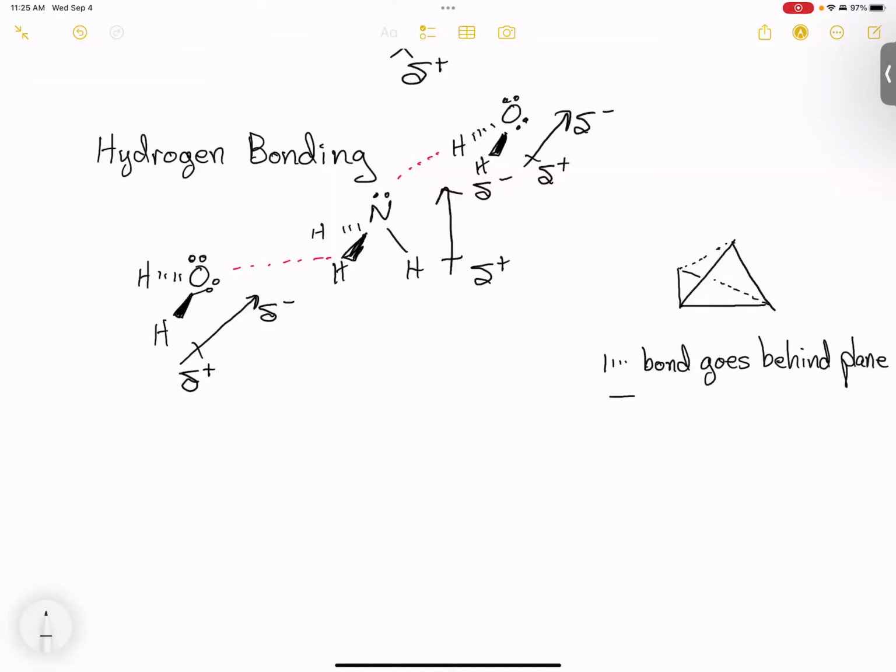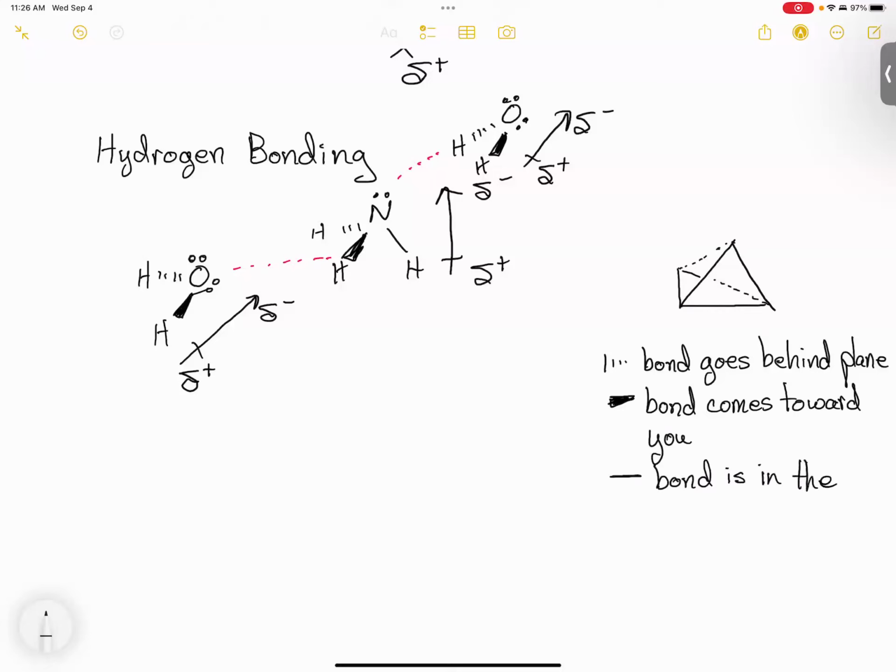We use a darkened-in wedge to indicate that the bond comes towards you out of the plane. And technically, we use just a straight line to indicate that the bond is in the plane.